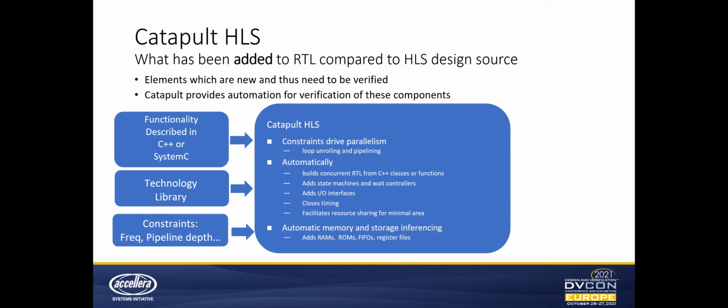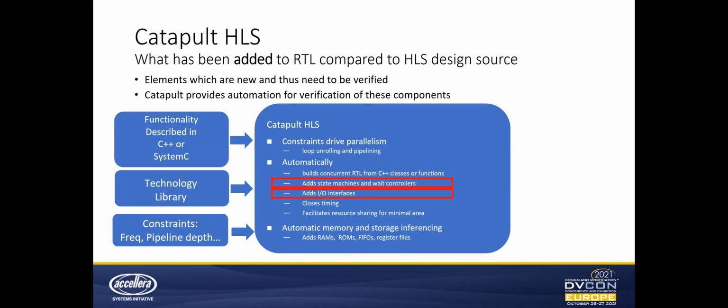Catapult will build concurrent RTL based off the input C++ classes or functions. And here we see the first bit of logic that Catapult adds, state machine and weight control logic to support the desired loop unrolling and pipelining specified by those constraints. Catapult also adds I/O interfaces.